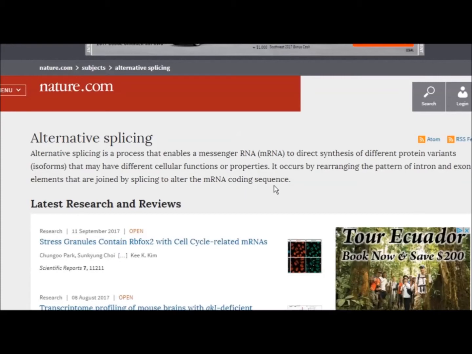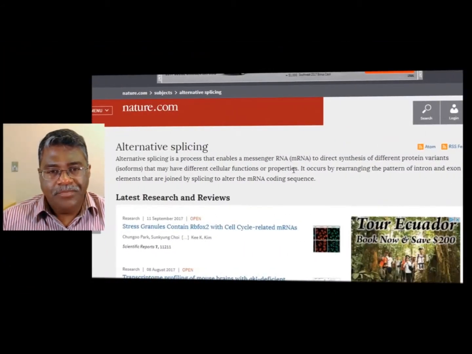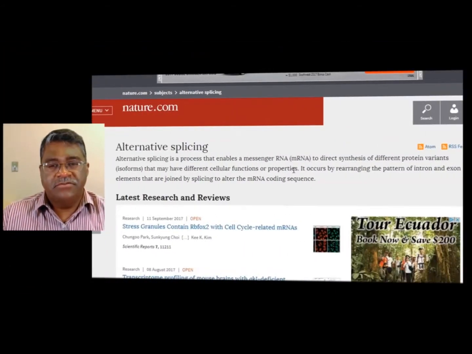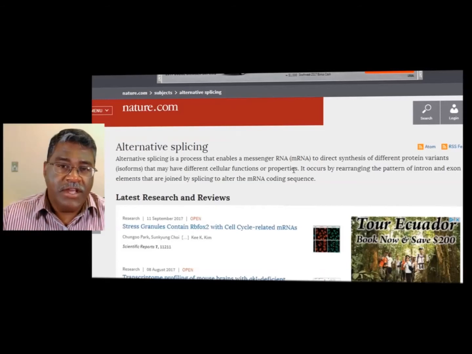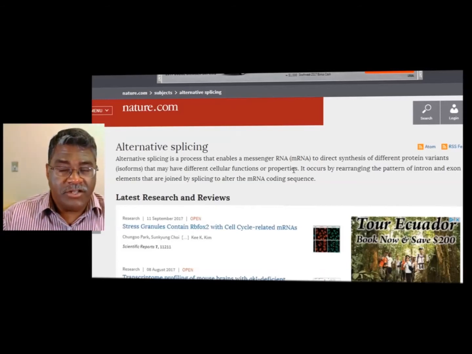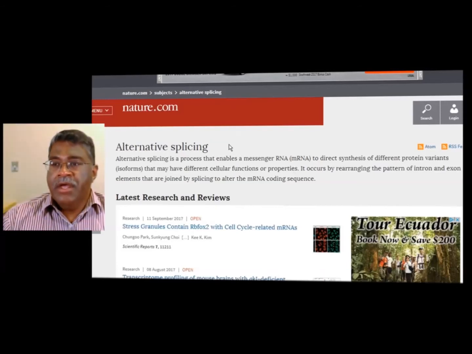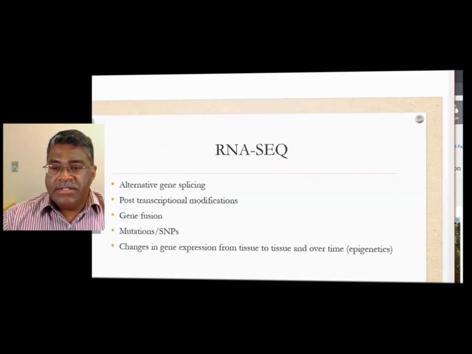So it really comes from the same DNA, but there are all these cellular processes that occur, and that same DNA gives rise to different protein products, and each of these protein products is then used in a different function, and it all comes from the same gene.